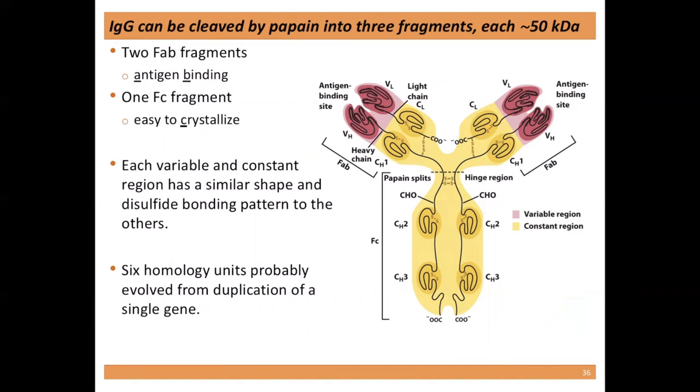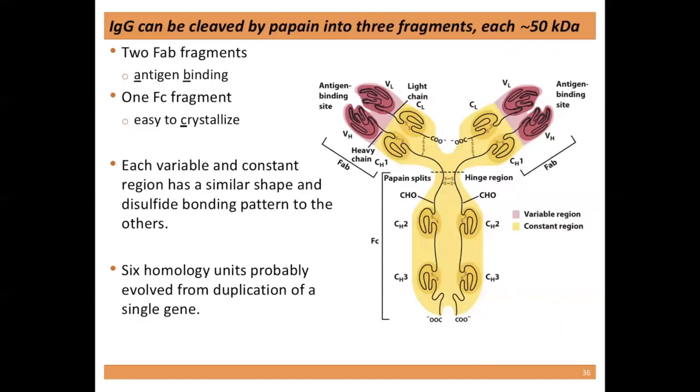And so they can digest a protein with papain, which is a proteolytic enzyme, and it actually cleaves here, and it cleaves it into 2 different groups, what they refer to as the Fab fragment, which is the fragment antigen binding.